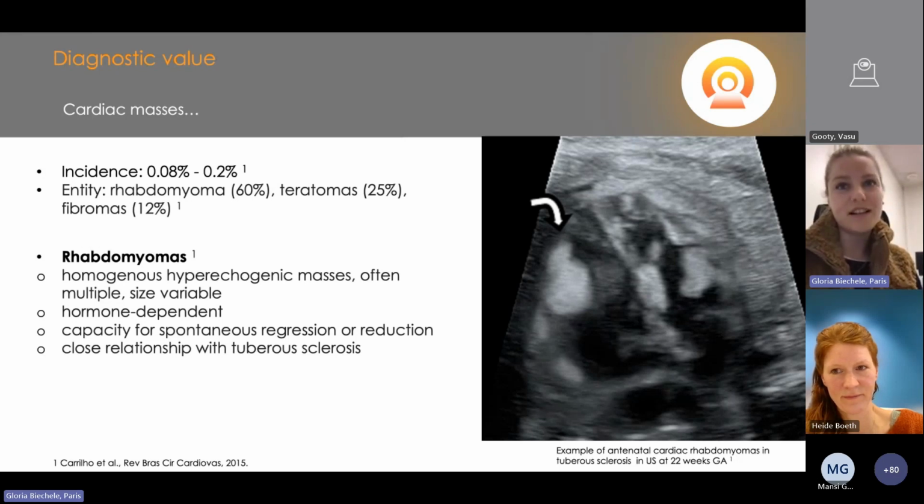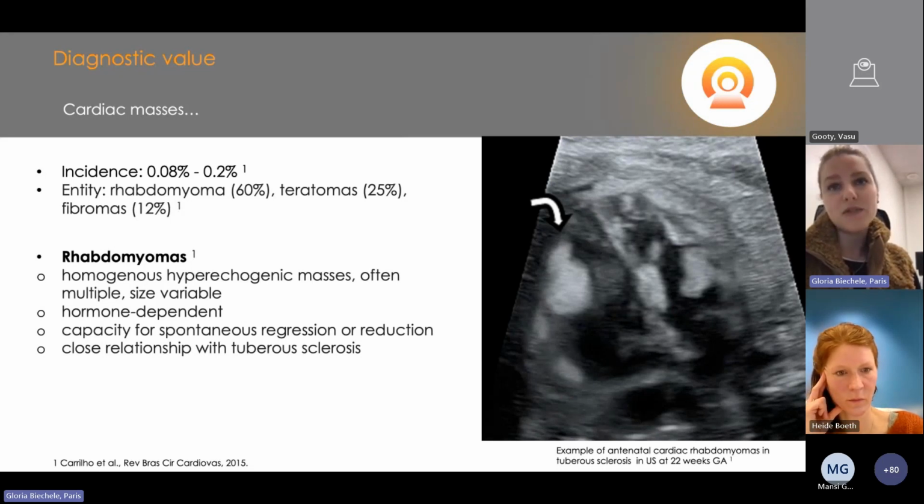In general, fetal cardiac tumors are very rare conditions, and their incidence ranges from 0.08 to 0.2%. The three most common types in fetuses, newborns, and children are firstly rhabdomyomas, and then teratomas and fibromas. Rhabdomyomas are the most common, and they present as homogeneous hyperechogenic masses that are often multiple with various sizes.